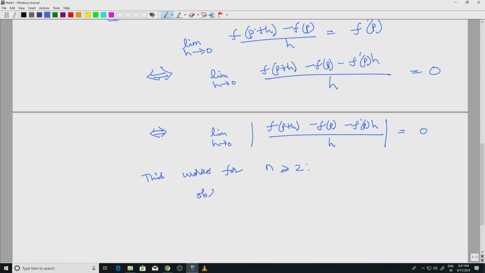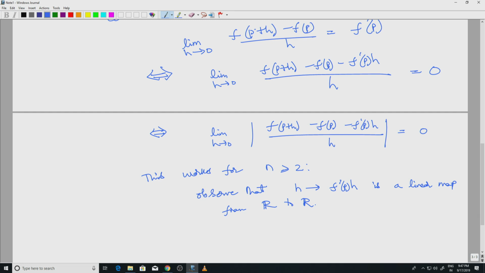So what we have to observe is that this function h going to f prime p times h is a linear map from R to R. So this is just multiplication of any h by this fixed number f prime p.